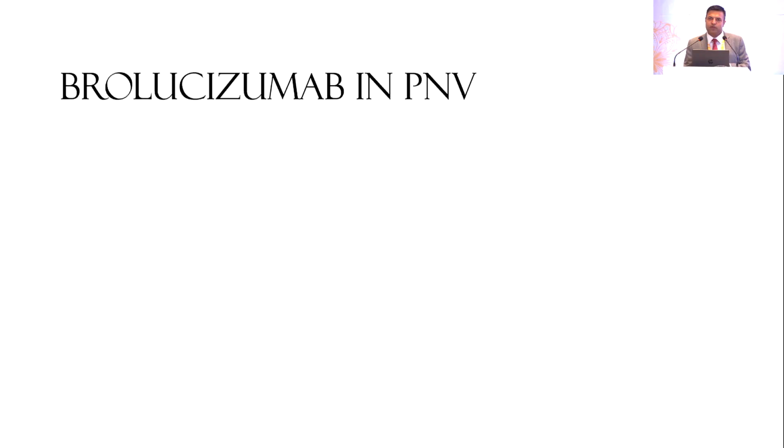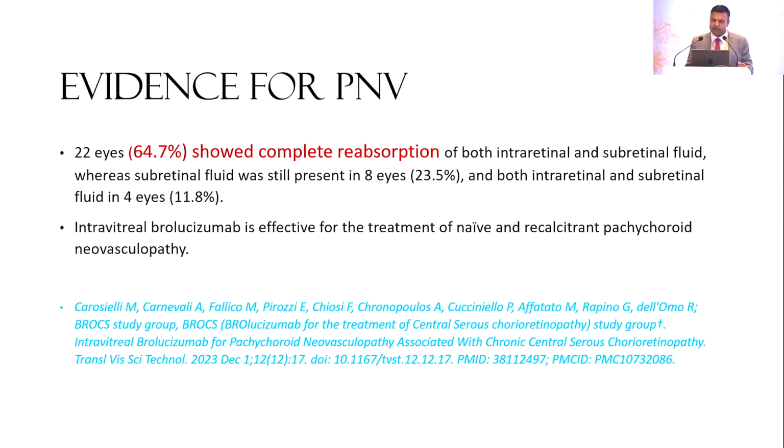Lastly, we also wanted to understand what this molecule does in cases of pachychoroid neovasculopathy. The evidence shows that when PNV cases are treated, almost 64.7% showed complete resorption of both IRF and SRF, while about 1/4 of cases did not respond completely.